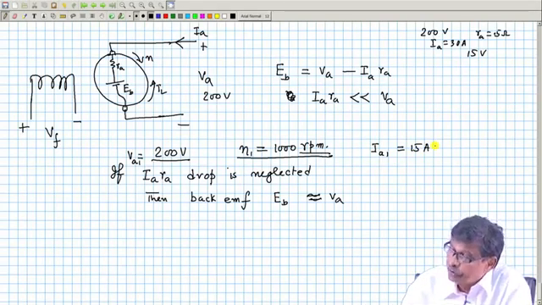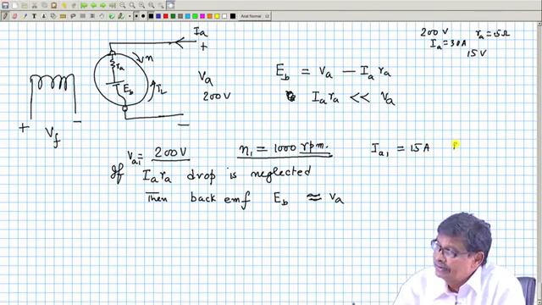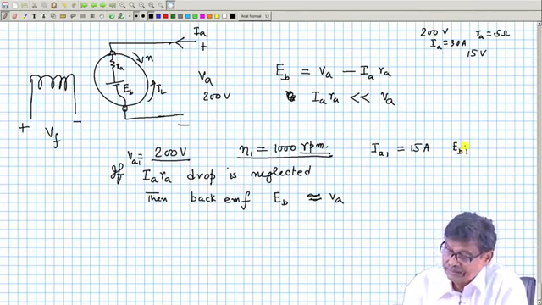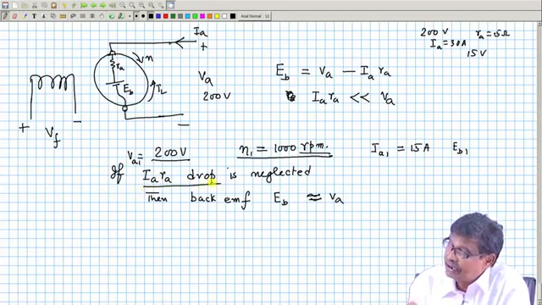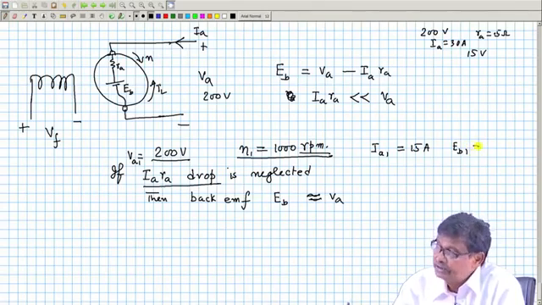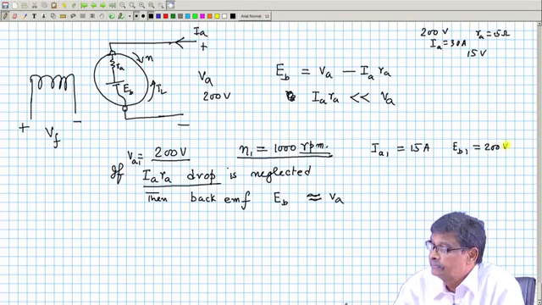That means machine is loaded. Okay. Then what is EB1? With RA drop neglected, EB1 is also equal to 200 volt.